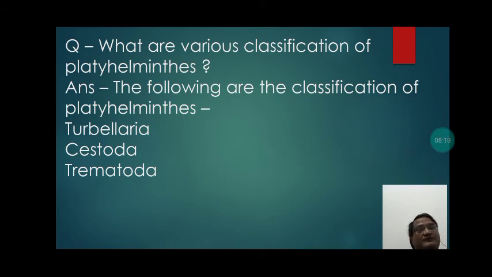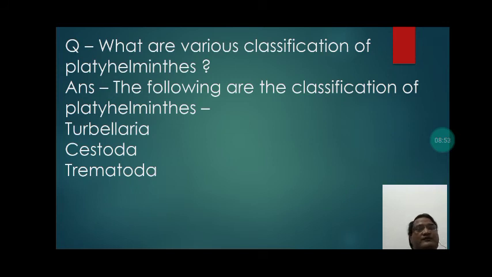Students, now let us discuss a very important question. What are the various classifications of platyhelminths? The following are the classifications of platyhelminths: Turbellaria, Cestoda, Trematoda.